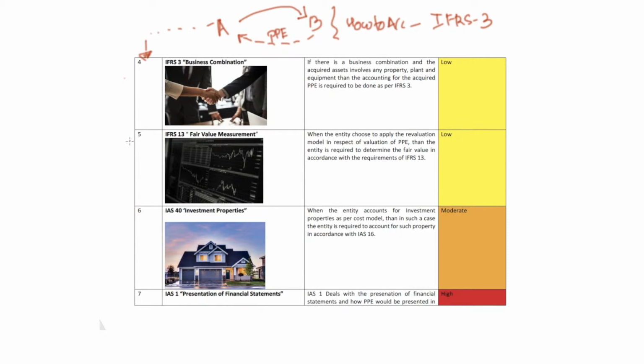The fifth standard that I would say is IFRS 13, fair value measurement. Now, I just want to give you a very brief introduction to subsequent measurement.